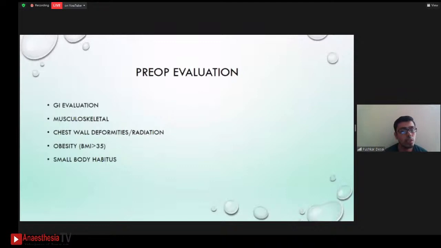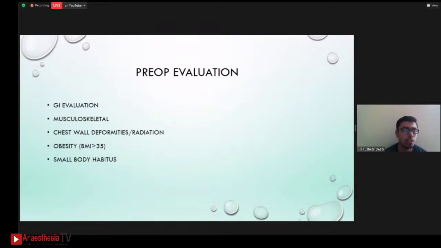Chest wall deformities, any prior history of radiation, trauma, or ICD insertion are all relative contraindications for MICS, because surgical access is difficult in those conditions.